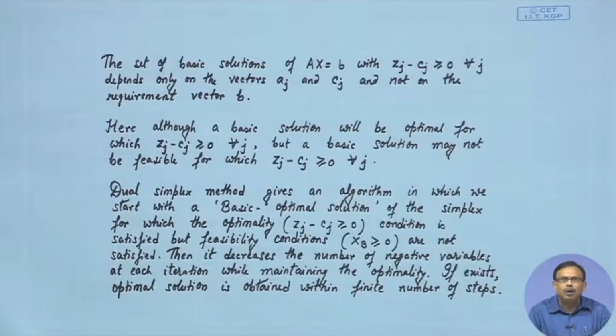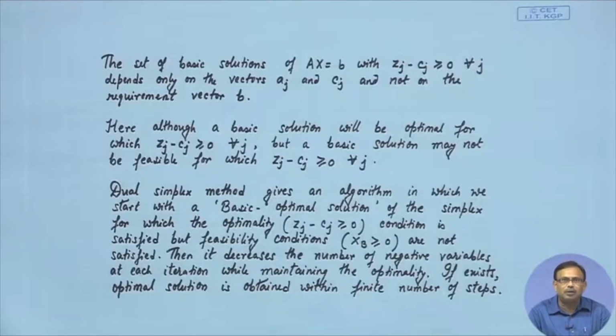So, although a basic solution will be optimal if z j minus c j is greater than equals 0 for all j, a basic solution may not be feasible. That means the condition x b greater than equals 0 may not be satisfied.